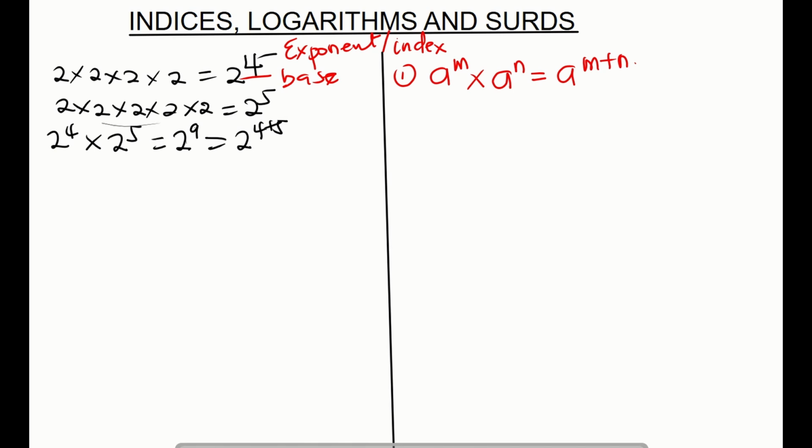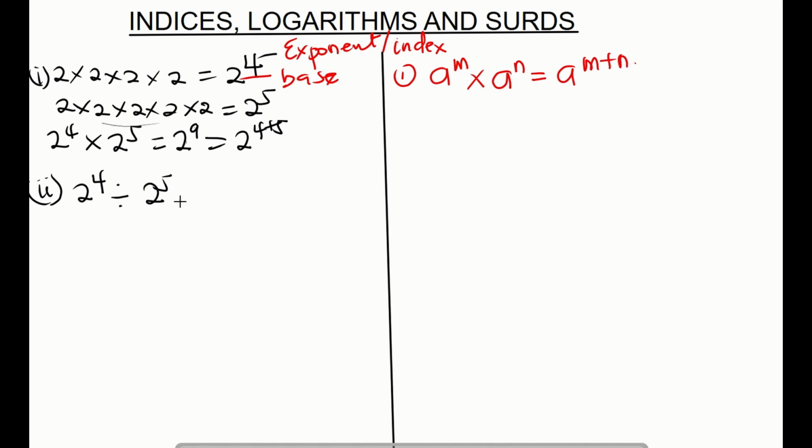In the same vein, let's consider the first one, which we call I. We have 2 to the power 4 divided by 2 to the power 5.